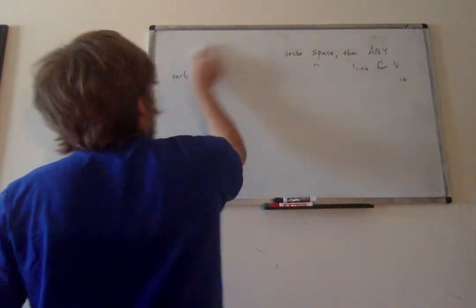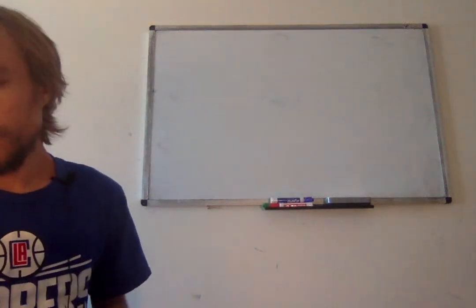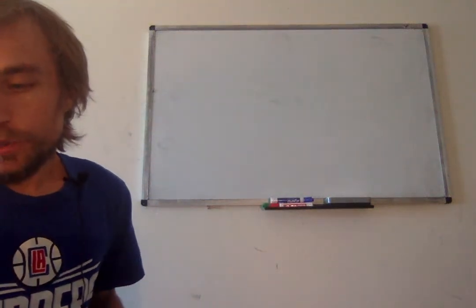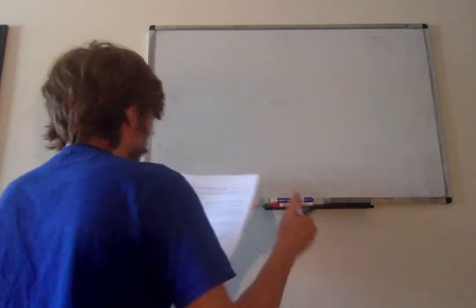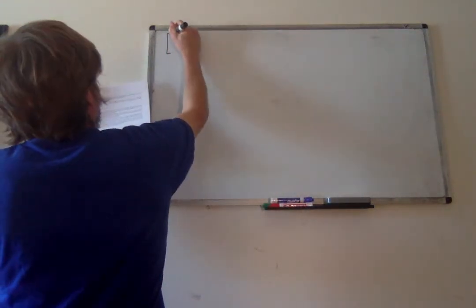These are at the end of the video 2 section of this worksheet. So the first thing we want to do is find the dimension of the subspace spanned by the following set of vectors.